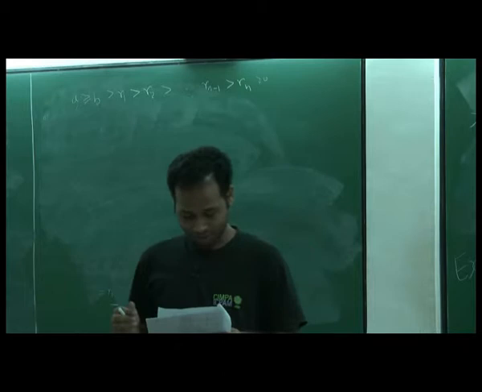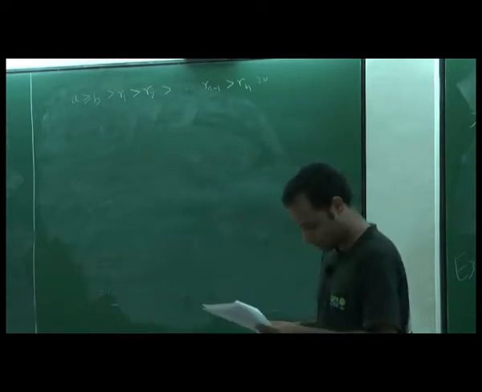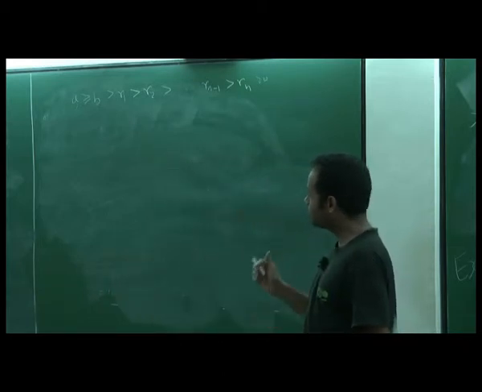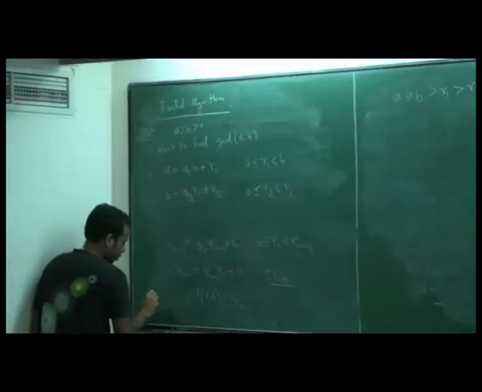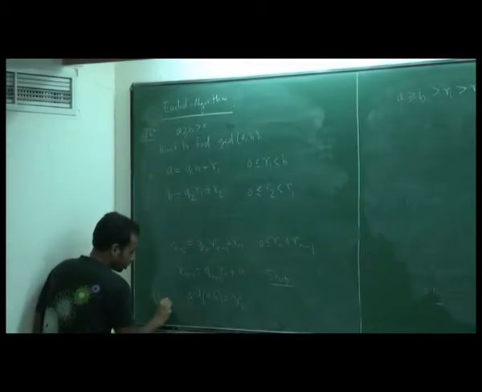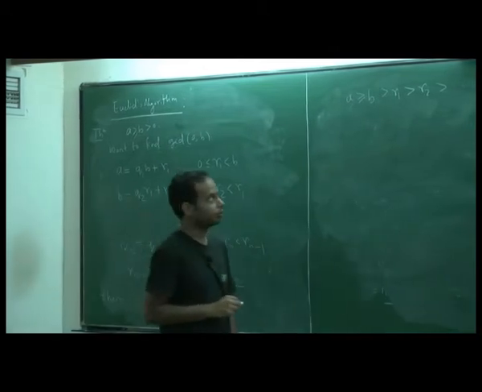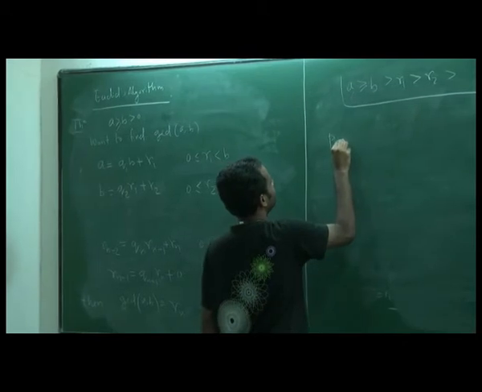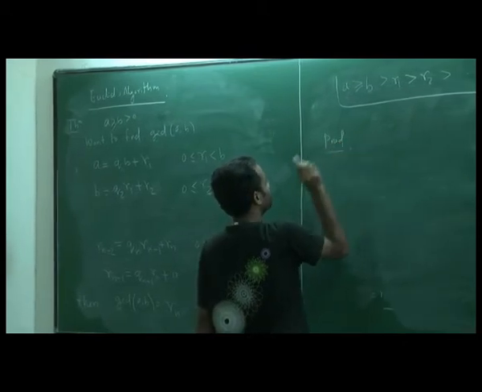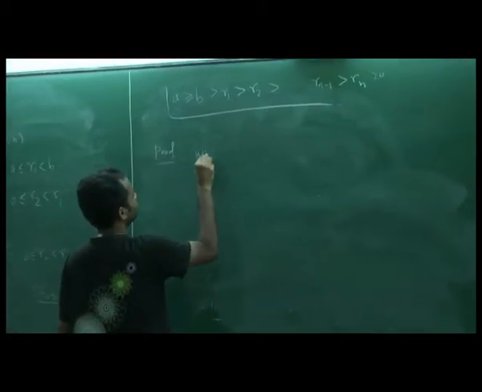Now we'll prove this statement. Let's say this theorem: given this, the GCD of A and B is Rn. How do I prove it? The proof will be by the following lemma.